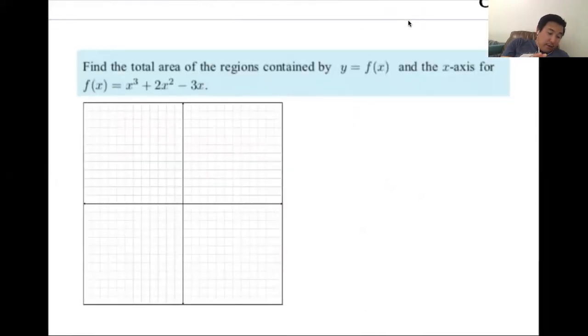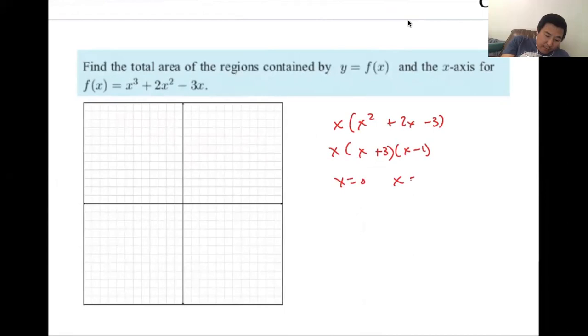Find the total area enclosed by the x-axis and this function. So x squared plus 2x minus 3, x plus 3, x minus 1. So x equals 0, x equals negative 3, and x equals 1.